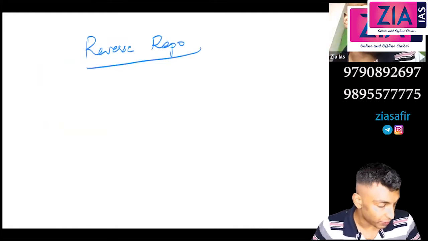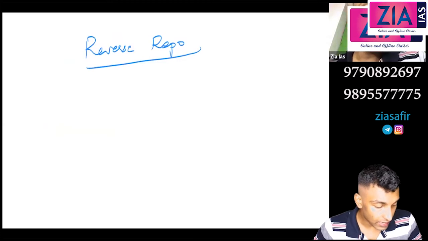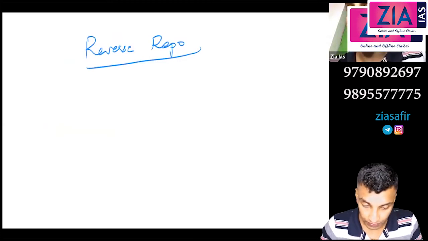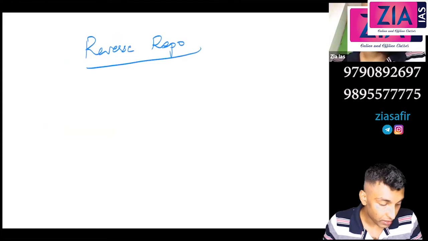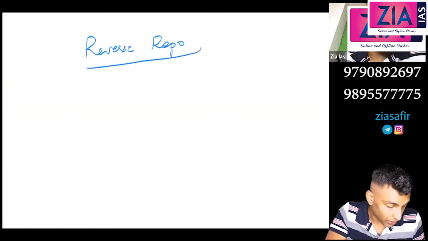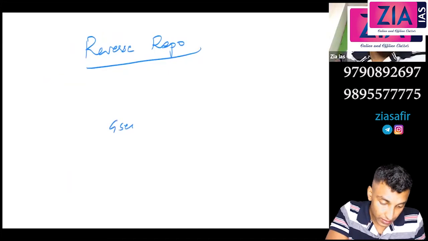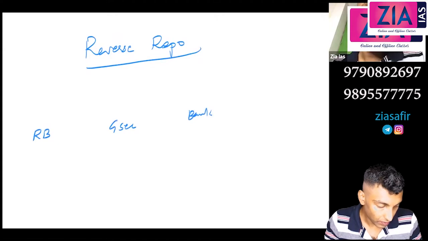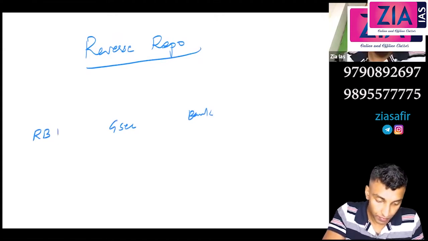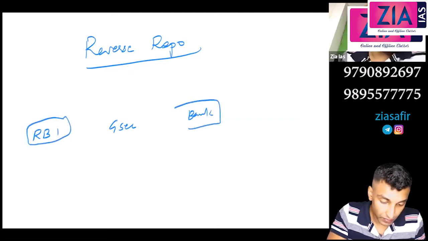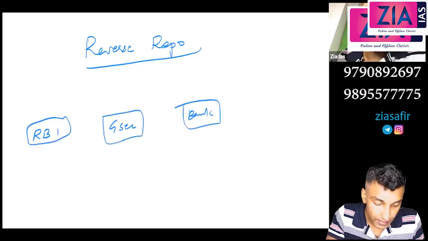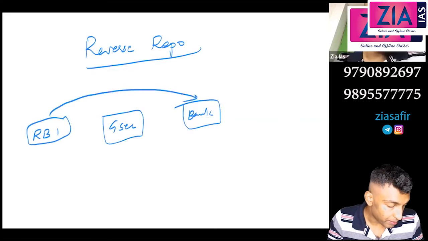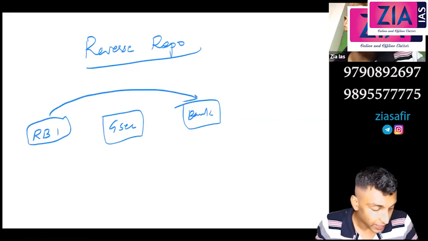Under reverse repo, the central bank or RBI sells short-term government securities to banks with an agreement to purchase them back at a predetermined rate and date.